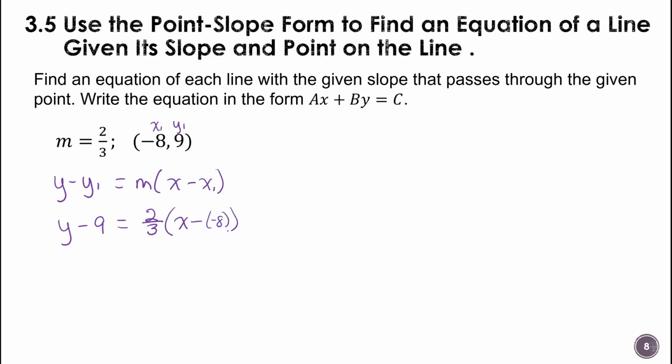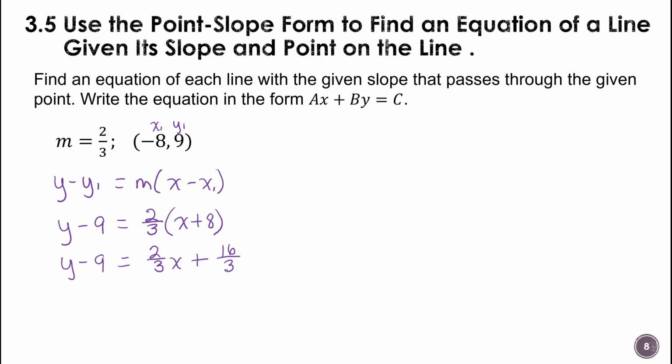And I don't like to write double negatives in my formula, so I'm going to suggest to you anytime you're subtracting a negative, just like we did when we subtracted negatives on slope, that's going to be x plus 8, and then I'm going to solve that equation.